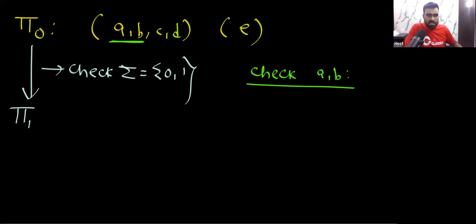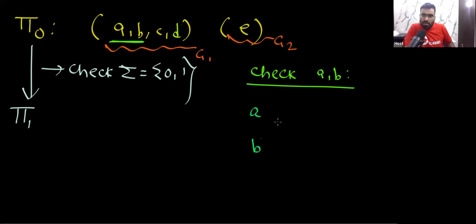Now you can easily see that only group matters. This whole group, let's call it group G1, and this whole group, let's call it group G2. Now you can see this A comma B on symbol 0, they are going to the same group, that is group G1.